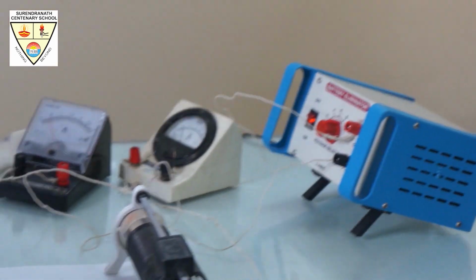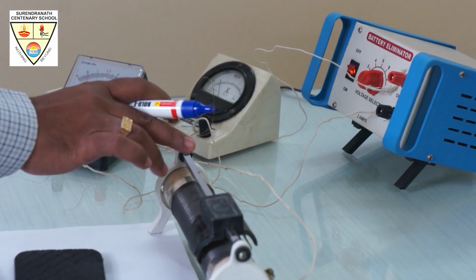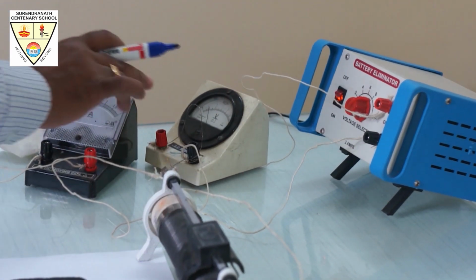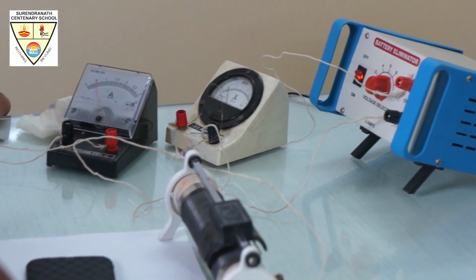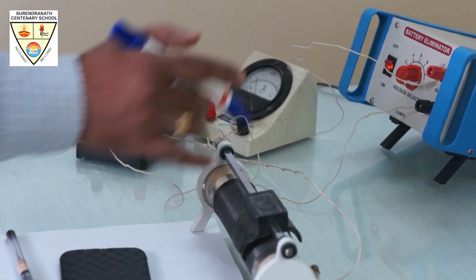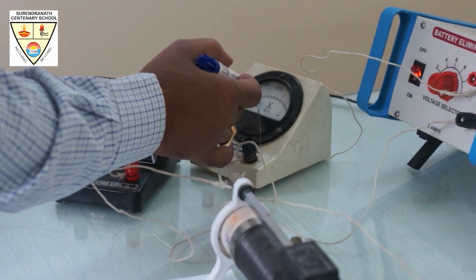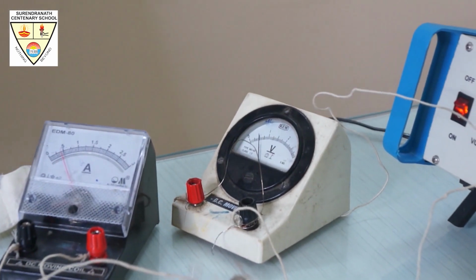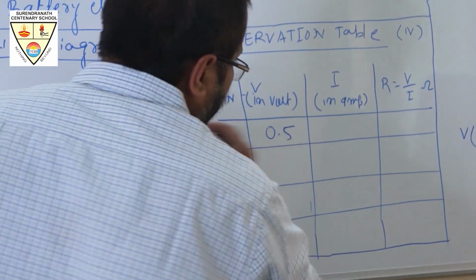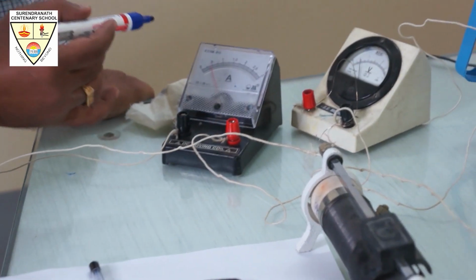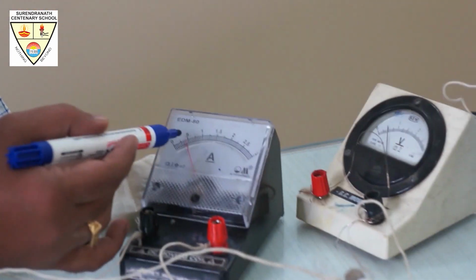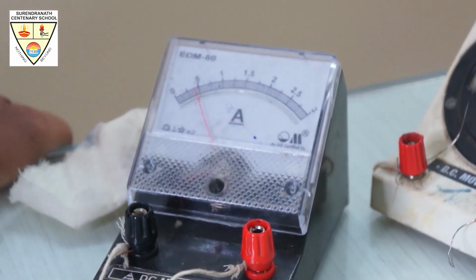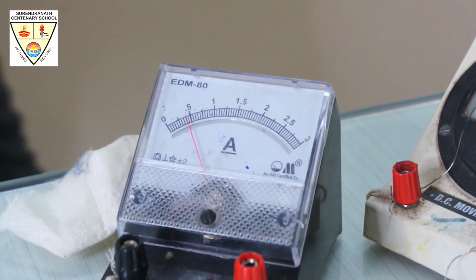See, with the help of the rheostat you can change the value of voltage and current. See, here the value of voltage is 0.5. So in this observation table you will write 0.5. See the corresponding value of current, which is near about 0.45 ampere.